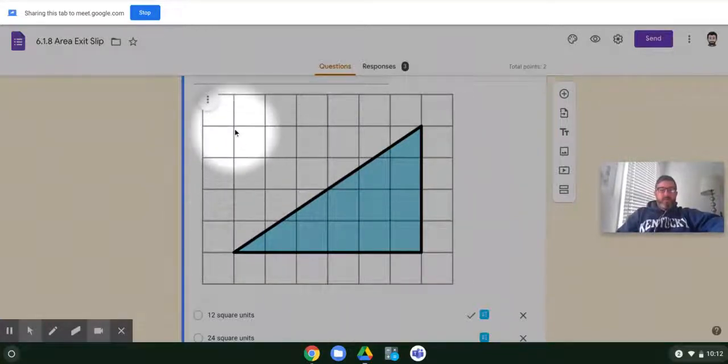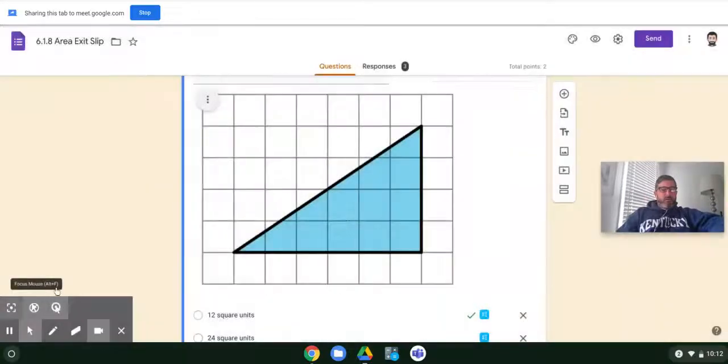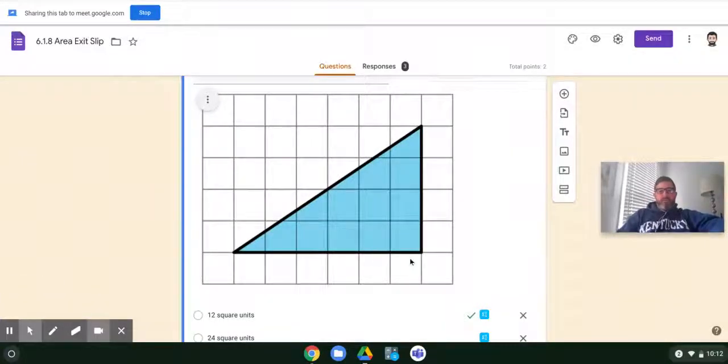Sorry. So that would give us a base of 1, 2, 3, 4, 5, and 6, and then a height of 1, 2, 3, 4 of a parallelogram. So if we know our base is 6 and our height is 4, what would the area of a parallelogram be with those dimensions?